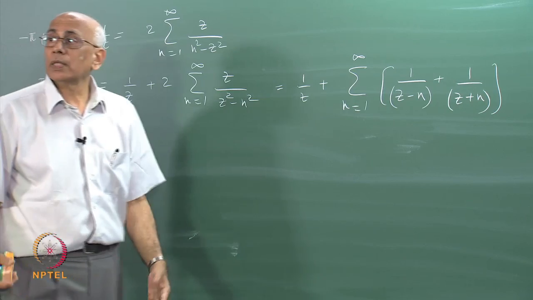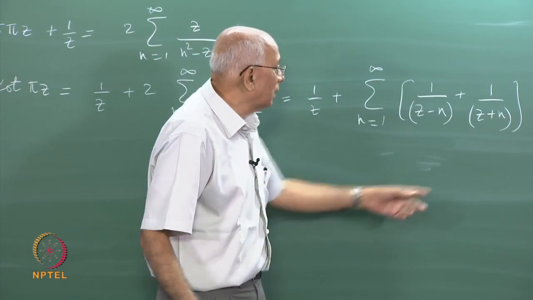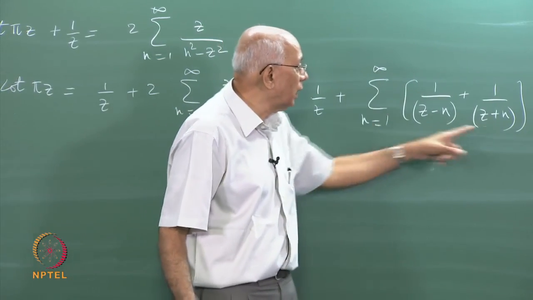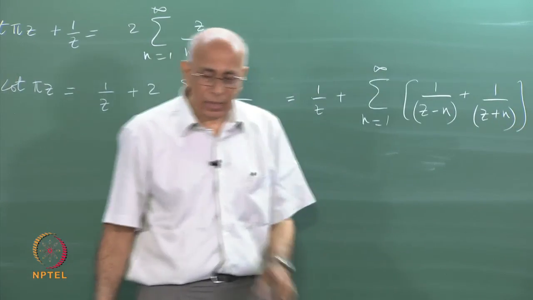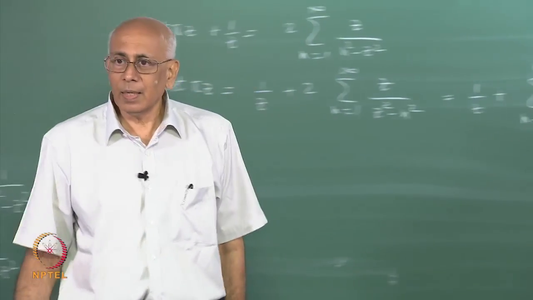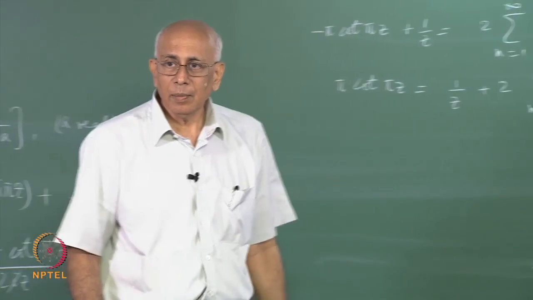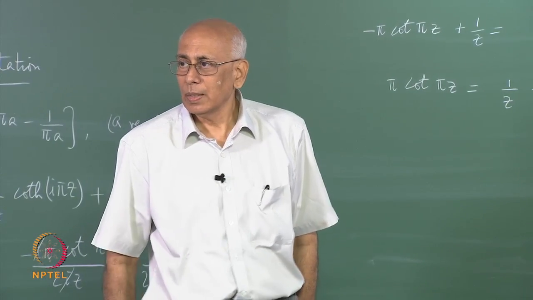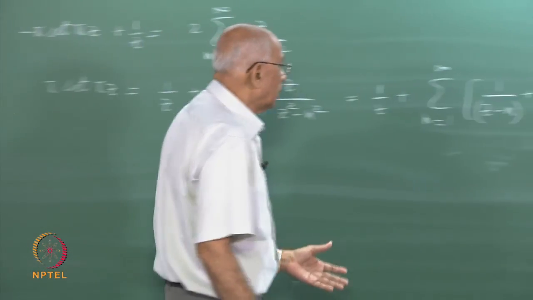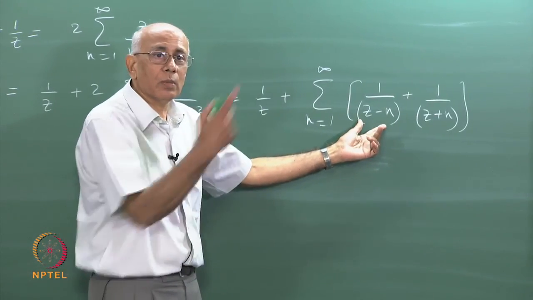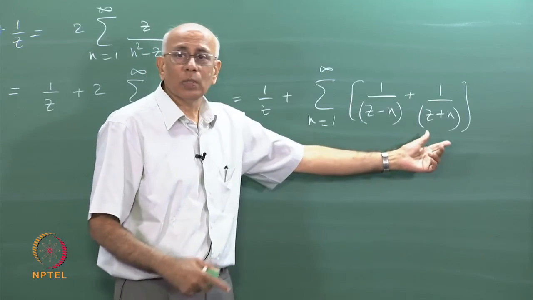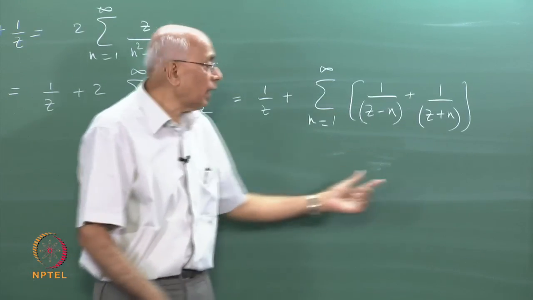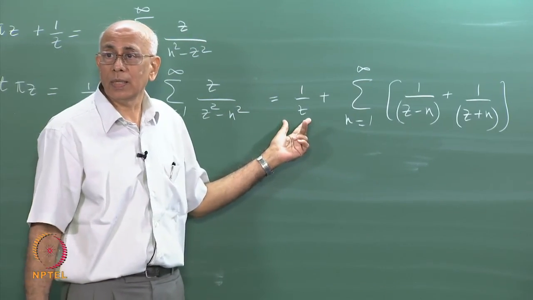And now one is tempted to say, aha, this summation 1 to infinity z plus n, I will change n to minus n, and then of course it becomes 1 over z minus n, but n is going to run now from minus infinity to minus 1. So it looks like we are almost there. This is a sum over the poles at all the positive integers, this is sum over the poles at all the negative integers, and this is the pole at z equal to 0.